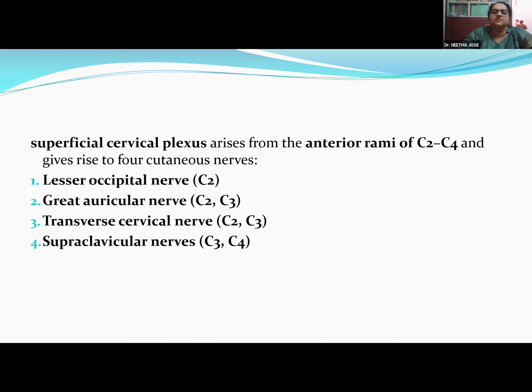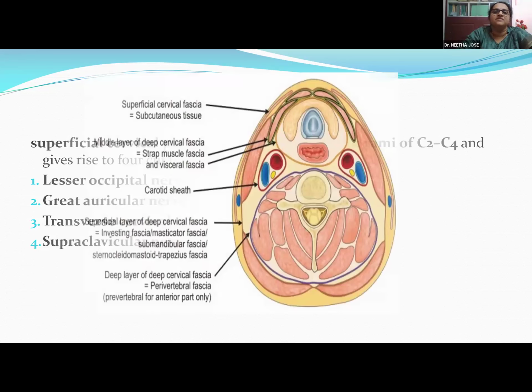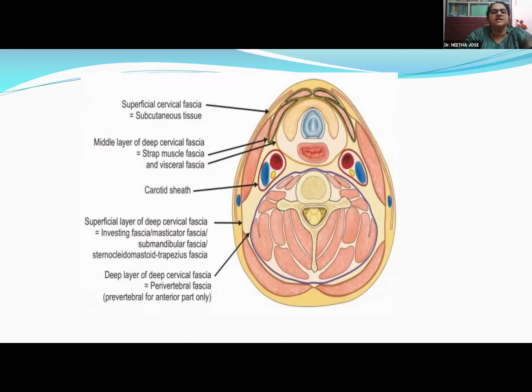To do the cervical plexus block, you need to know about the cervical fascia. The cervical fascia is divided into two layers, superficial and deep. The superficial cervical fascia is a thin layer of subcutaneous tissue. It contains fat, platysma, cutaneous nerves, superficial veins, and lymphatics, and lies just under the skin.